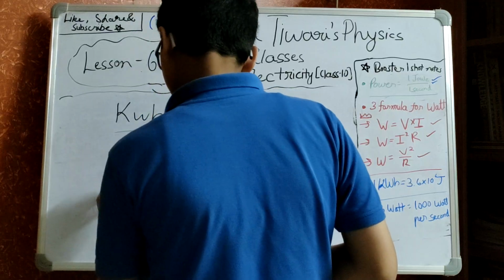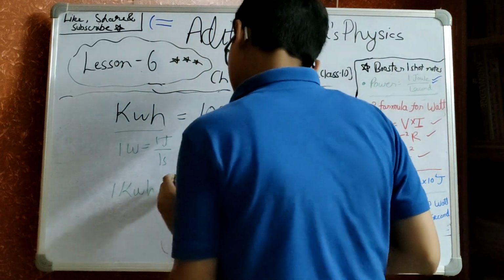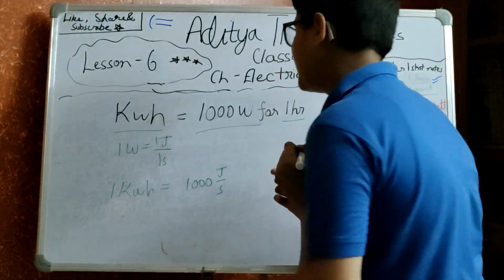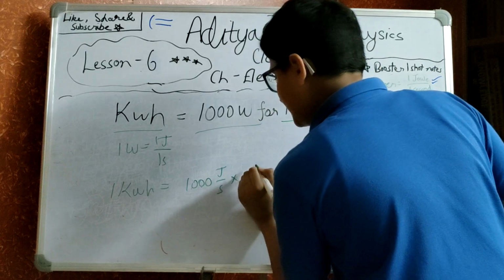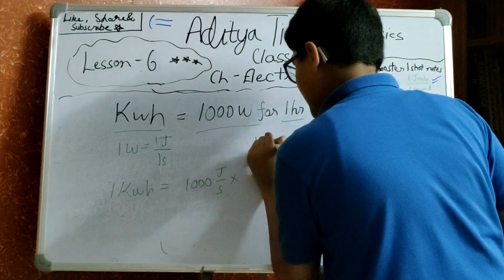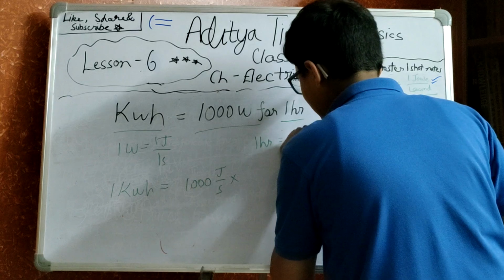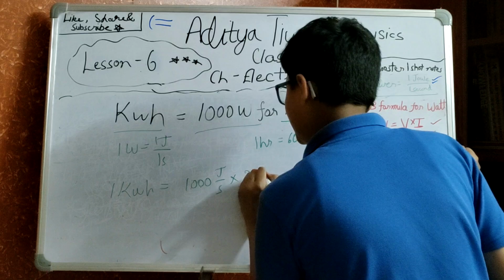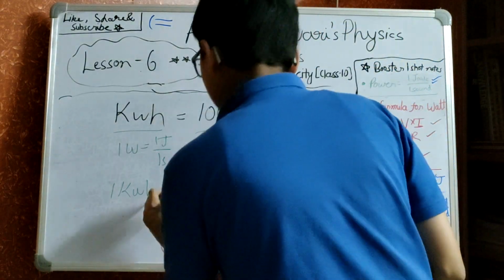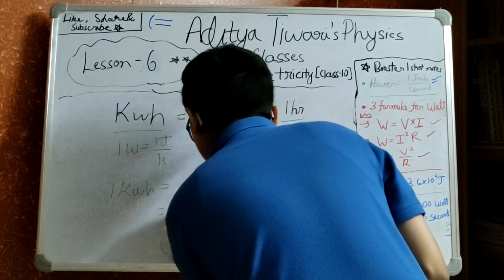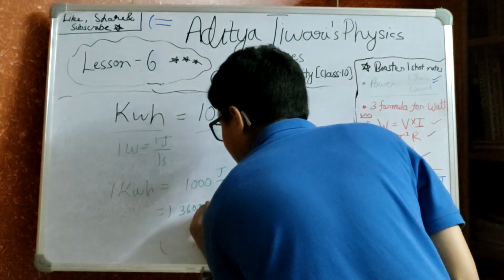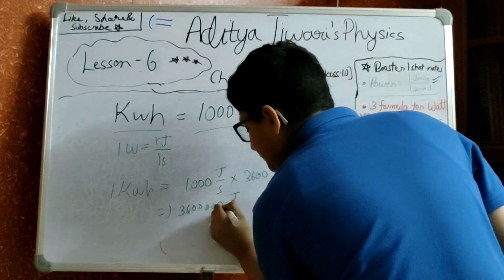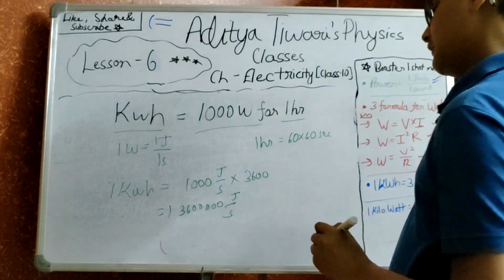So 1 kilowatt hour is equal to 1000 joules per second times 1 hour, which is 60 times 60 seconds, equals 3600. So this results in 3,600,000.